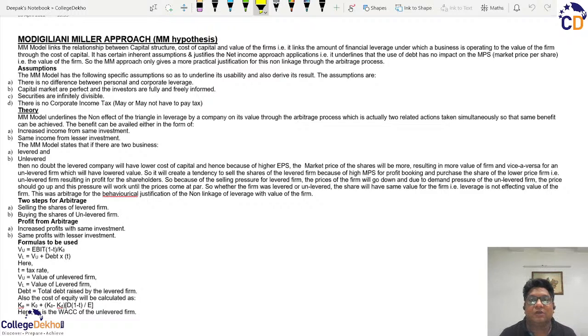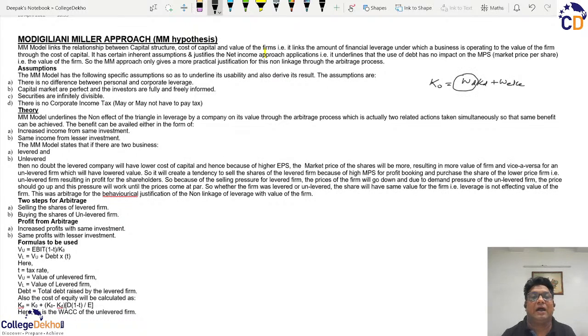So what we were talking in the earlier sessions on the similar topics through the net income approach and the net operating income approach, commonly known as NI approach and NOI approach, is that the capital structure, that is the leverage, will decide the overall cost of capital. That overall cost of capital, as discussed earlier, was given by the formula KO equals WD KD plus WE KE, and this WD denoted the weight of the debt.